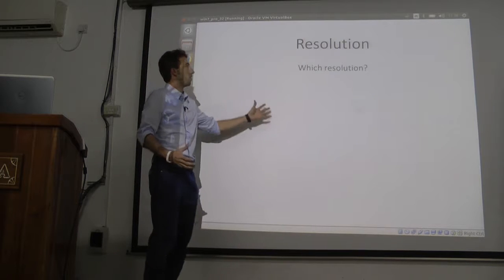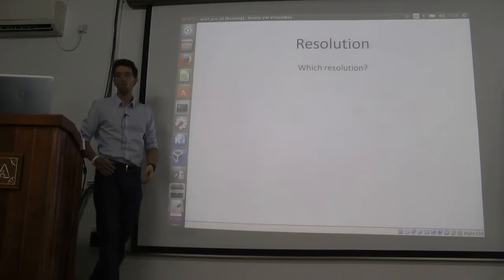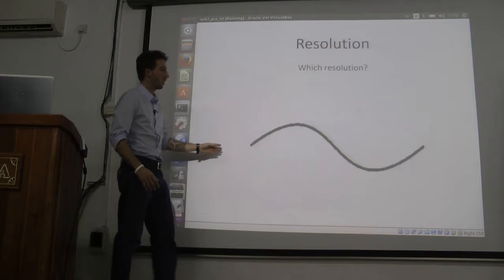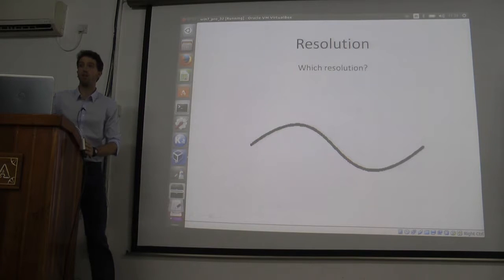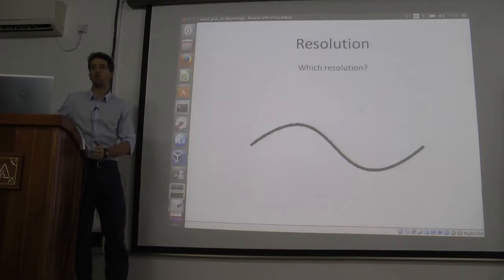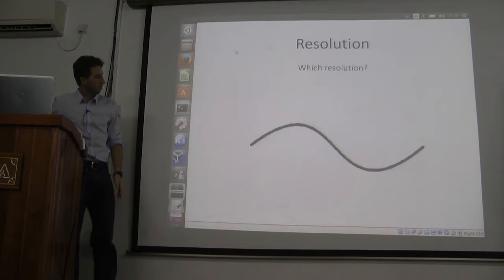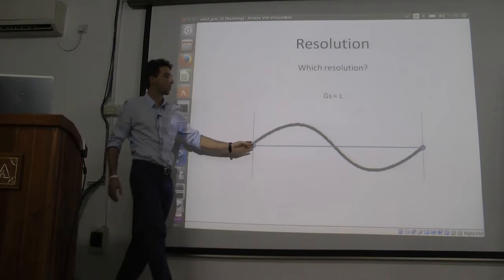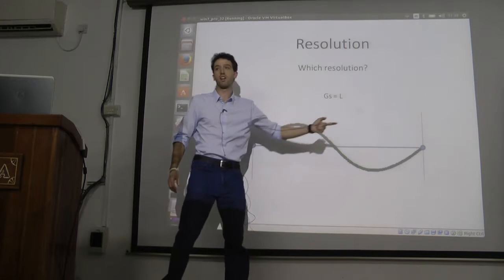So with that example of the car, we think about resolution. Which resolution am I going to use? Then you have to think about a wave, because the model solves waves. Everything in meteorology is solving the wave equations. If you have 2 grid points to solve a wave, your wave will not be a wave, it will be a straight line.